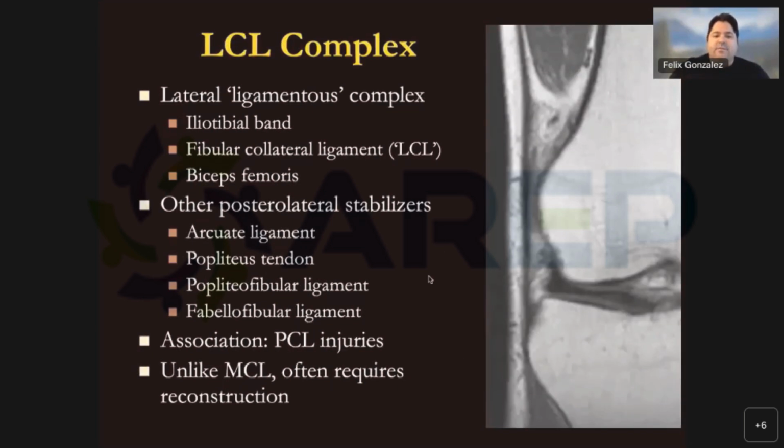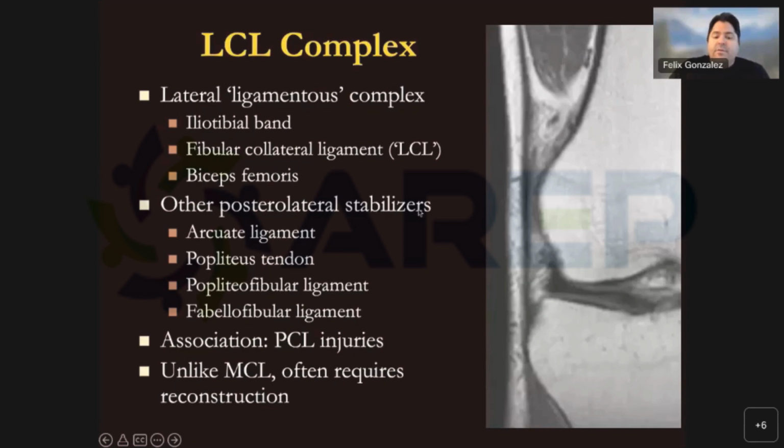So moving on to the lateral collateral ligament complex, perhaps a better known player in the knee. The different anatomic components of the lateral ligament complex: we have the iliotibial band right here coming down, attaching onto the lateral tibial plateau. We have the lateral collateral ligament, or the fibulocollateral ligament, as some people refer to it, and the biceps femoris tendon attachment.